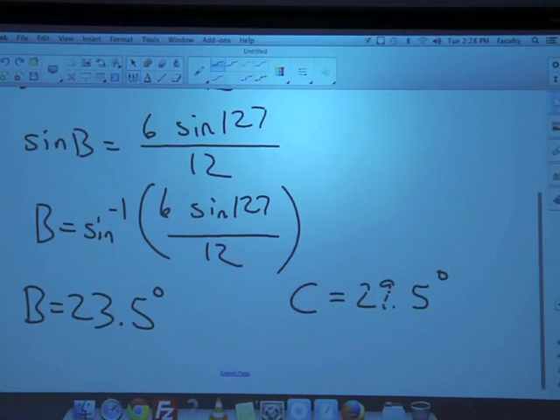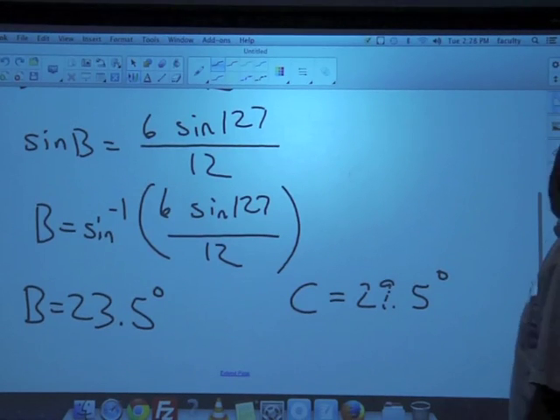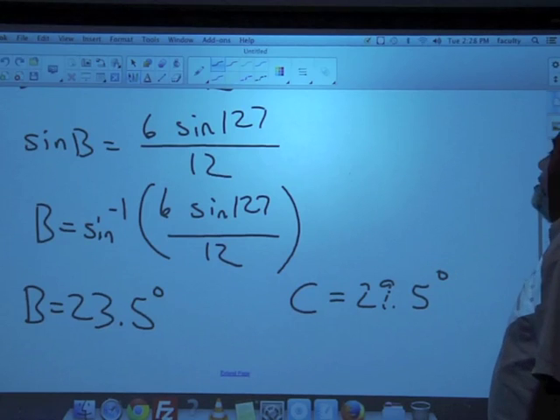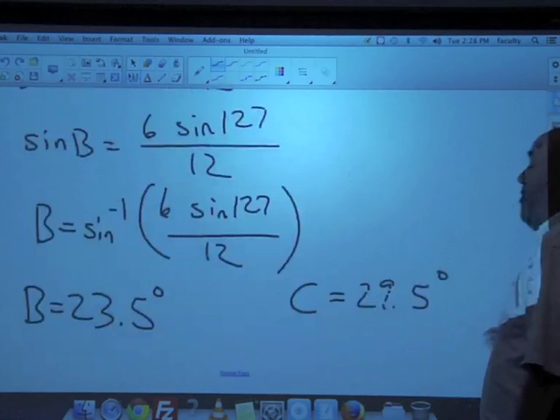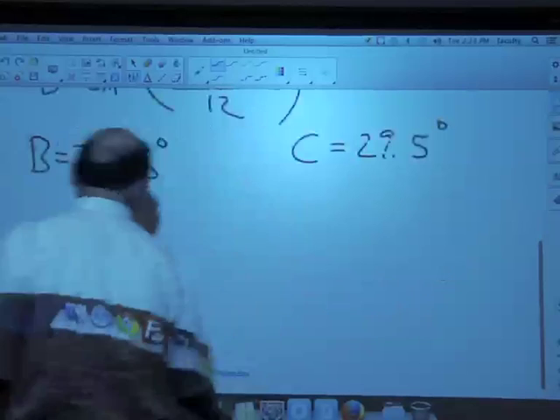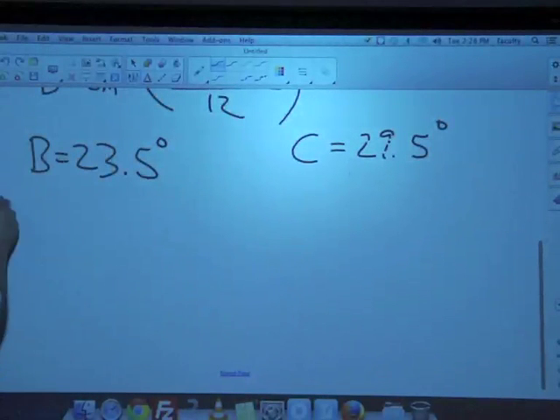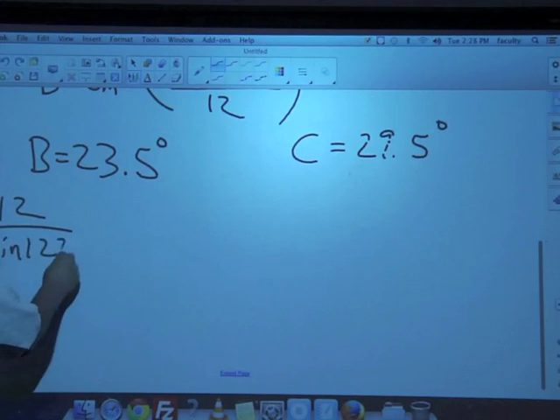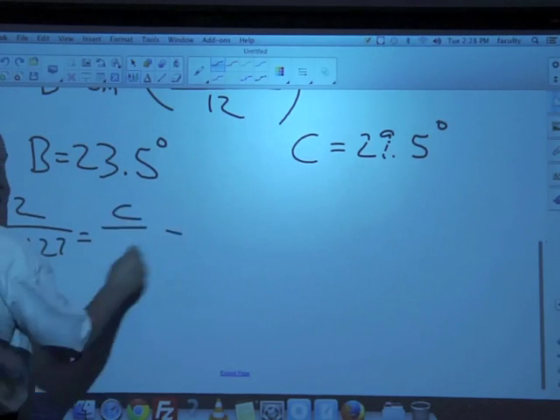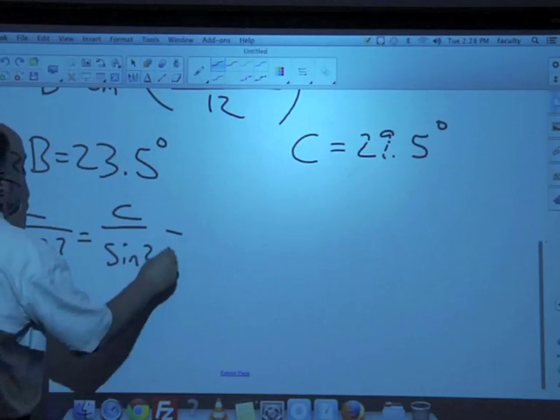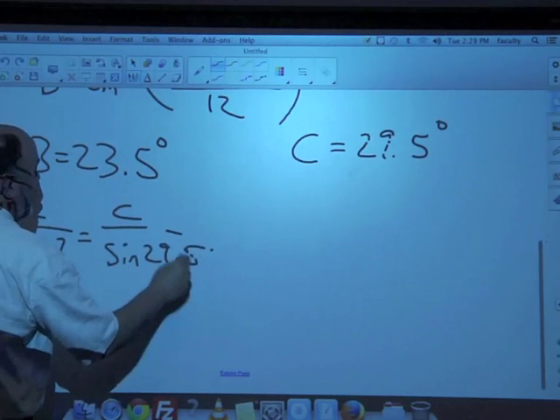And so now that leaves finding side c. And so we use the law of sines again. So 12 over sine 127 is going to equal c over sine of 29.5.